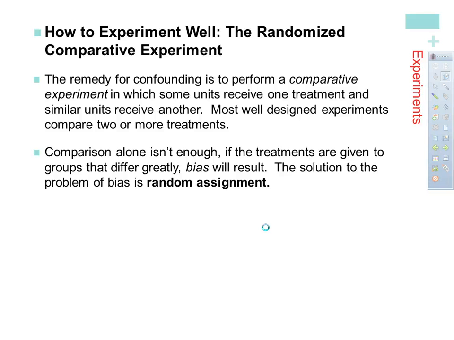In order to factor out some of these lurking variables and keep them from becoming confounded with our actual explanatory variable, we want to make sure that we're comparing. We need a comparison group, what we're going to call a control group, that we can use as a baseline comparison to the treatment that we want to see whether or not it's working.